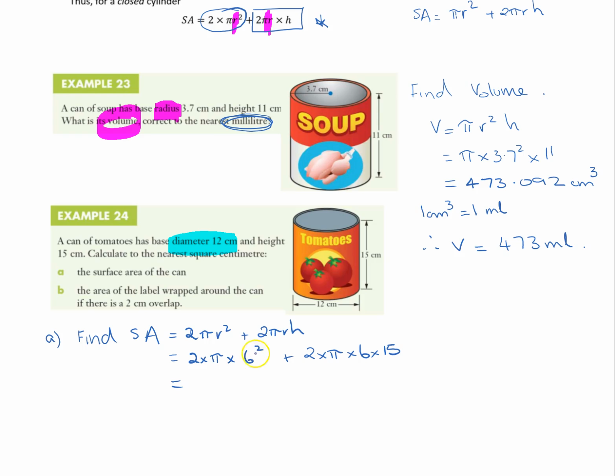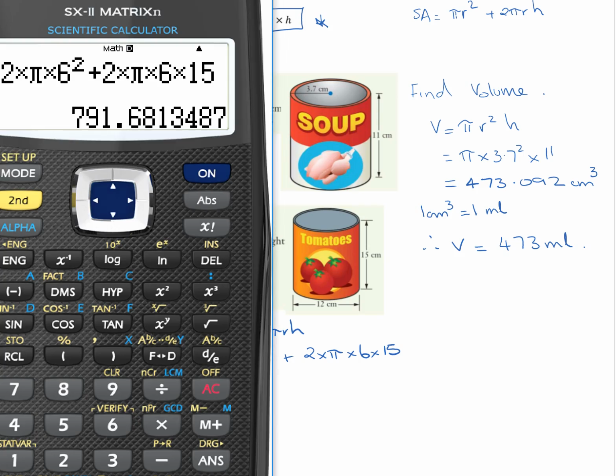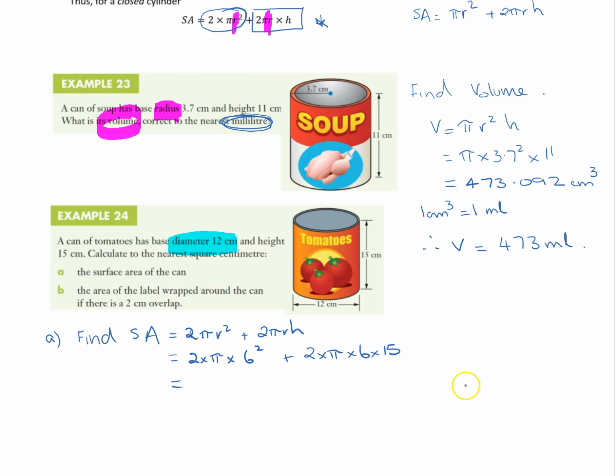So we're putting in 6 squared, 2 pi 6 squared plus 2 pi 6 times 15, 791.68, and to the nearest square centimetre will be 792 centimetres squared.